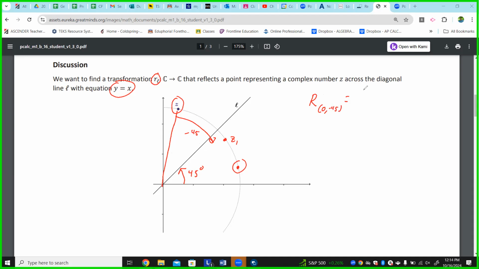We just calculated this on the opening exercise. What is a rotation of negative 45 degrees? What was the complex number? Square root of 2 over 2 minus square root of 2 over 2 I times z. So whatever my z is, because I don't know it, I need to multiply it by this guy to make a 45-degree rotation. That's my first step, because I'm trying to get here.